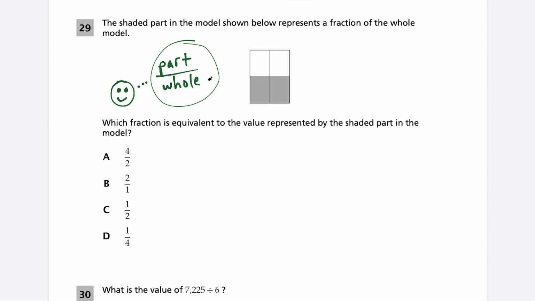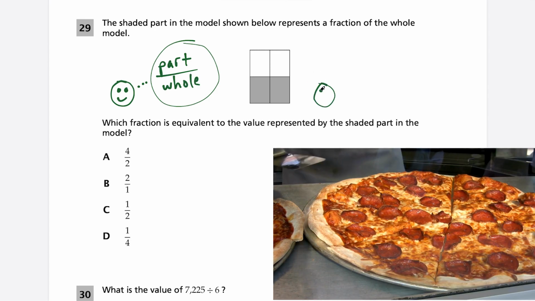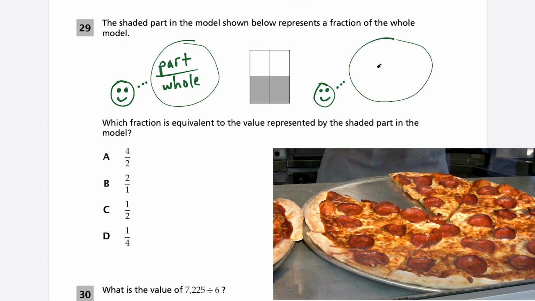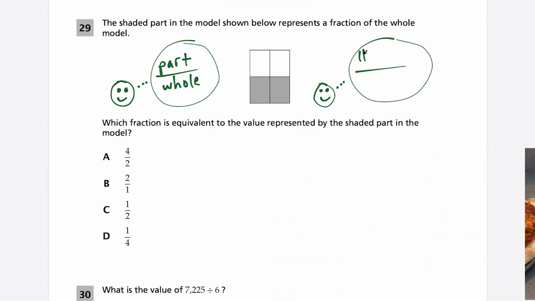And if you want a better way to think of this, if you enjoy pizza, we could use a pizza analogy: the numerator is how many slices you eat, and the denominator is the total number of slices.